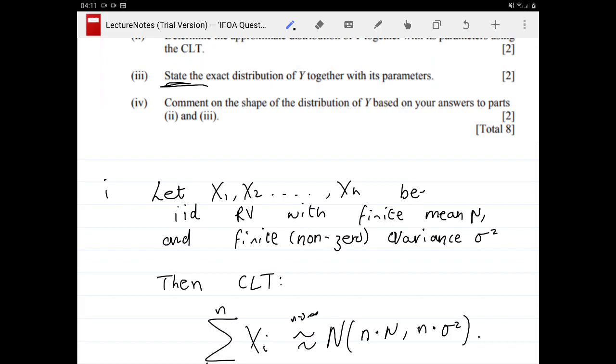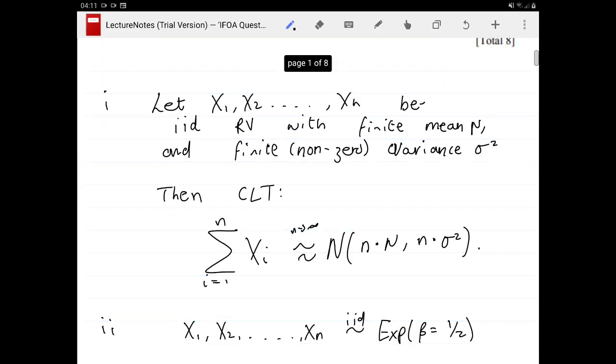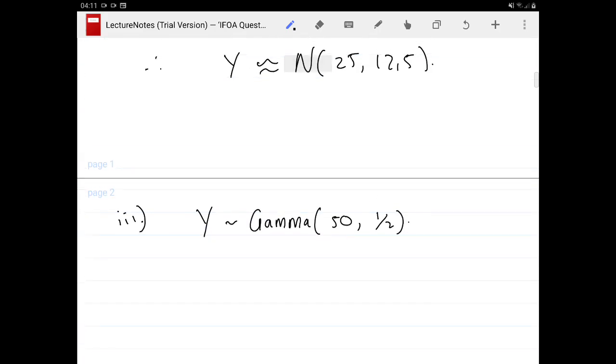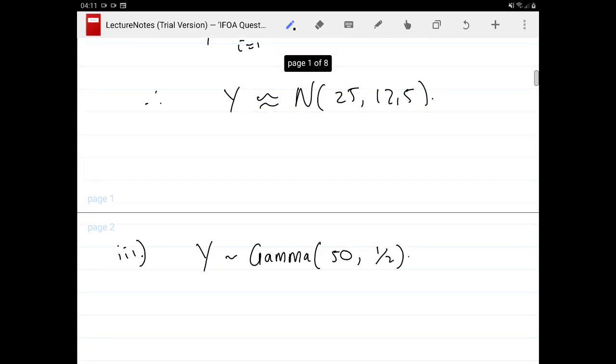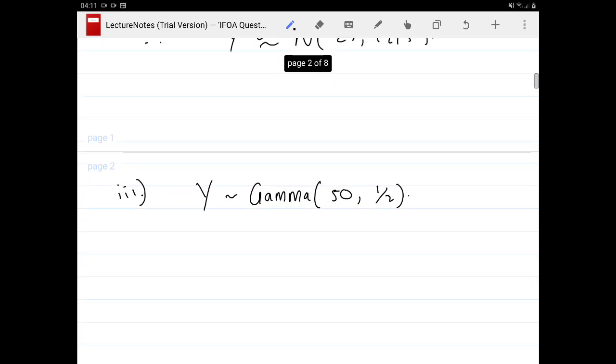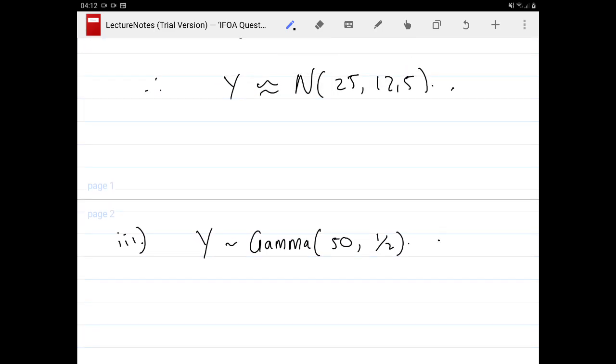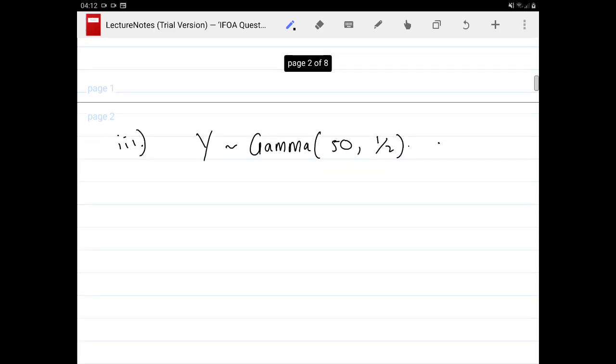Question 4 says, comment on the shape of the distribution of Y based on your answers to part 2 and part 3. So we need to talk about the shape of Y when we're talking about a gamma distribution, and the shape of Y when we're talking about a normal distribution. This does require you to understand what the shapes of a normal and a gamma look like.